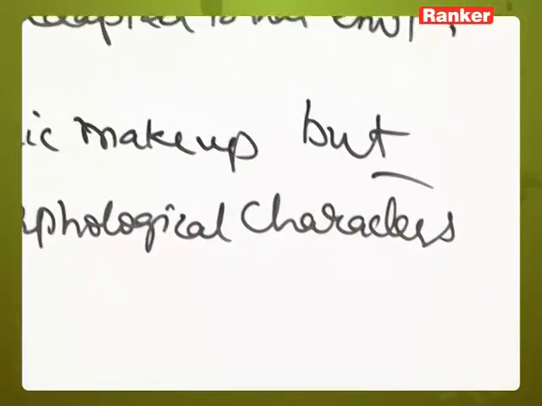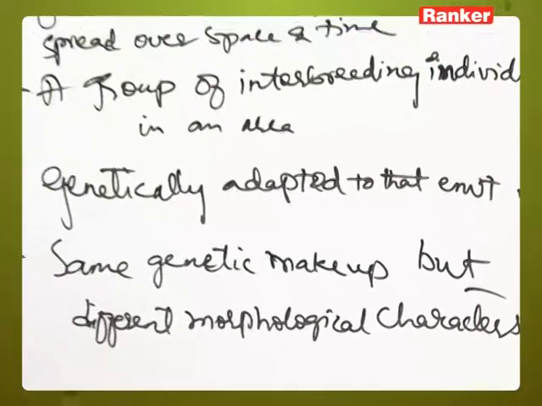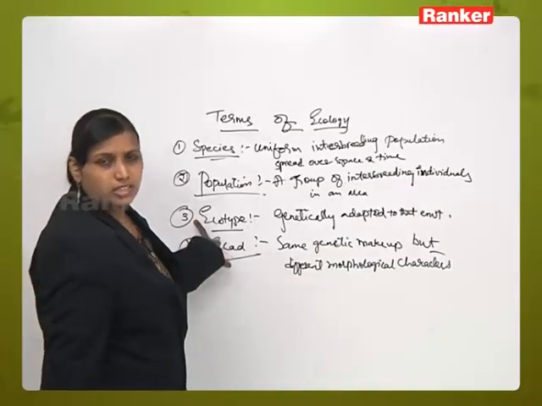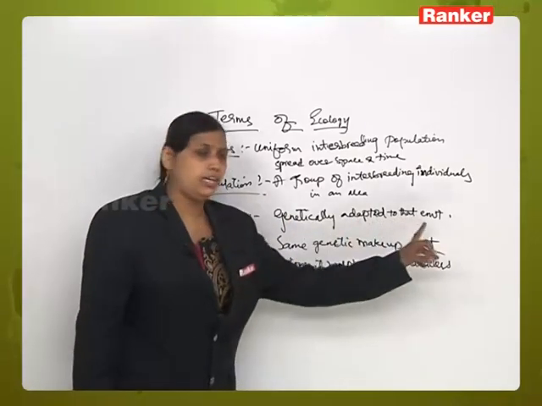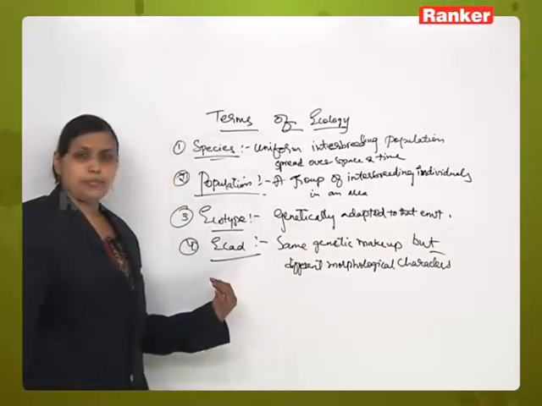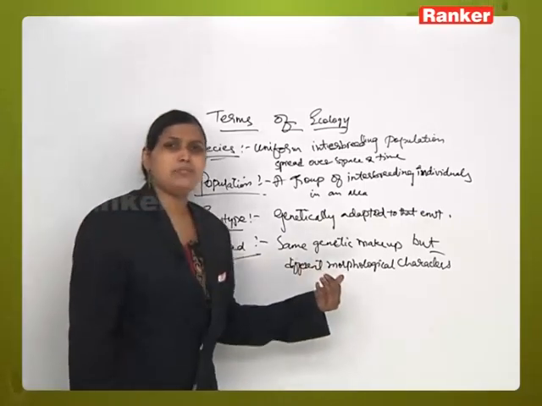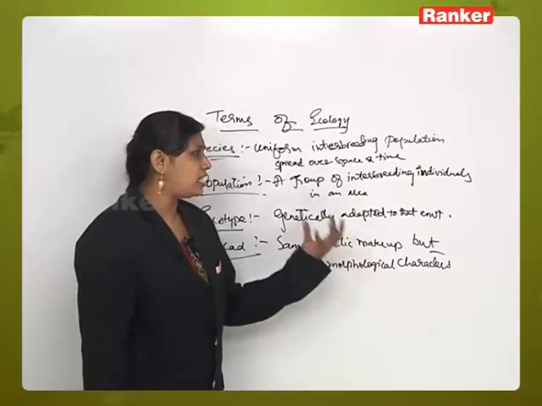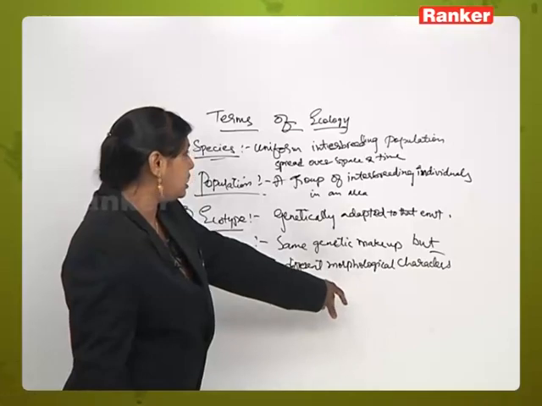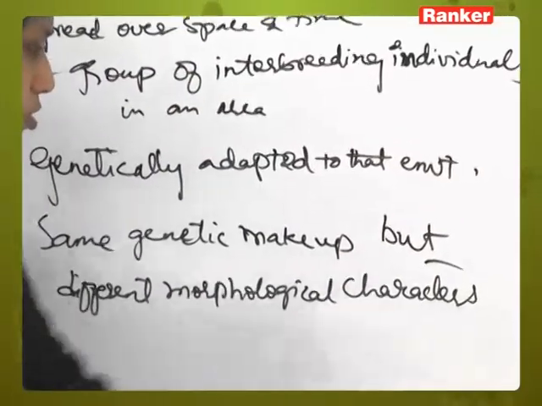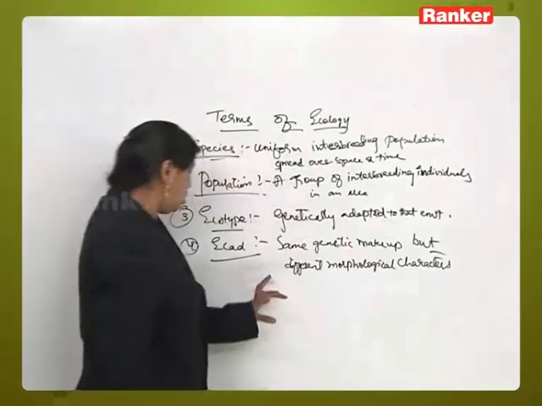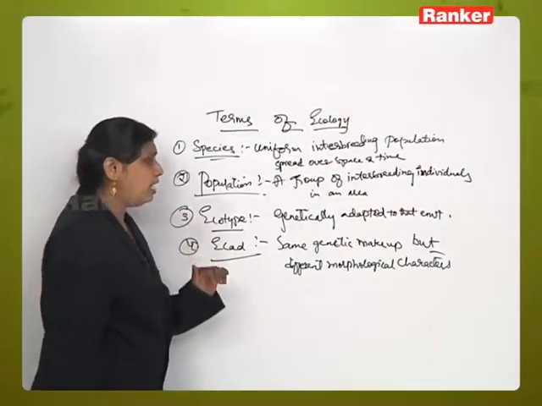So there is a basic difference here between ecotype and ecad. Ecotypes are a group of individuals of a species which are genetically adapted to the environment, and ecads have the same genetic makeup, but the only difference is that they have different morphological characters in response to that particular environment. So this is the difference between ecad and ecotype.